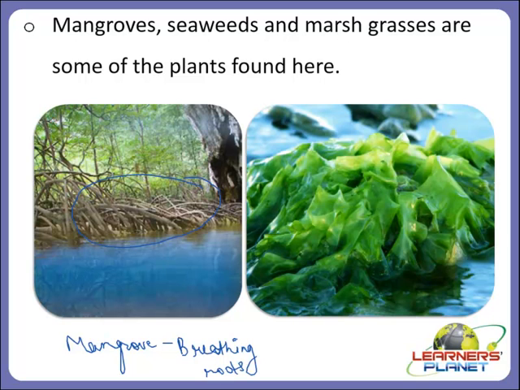Can you see in the picture? These are roots which come out of the water and are somewhat in water. And this is a beautiful picture of seaweed above the surface of the water.